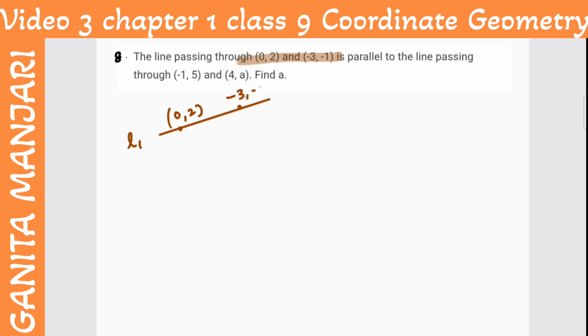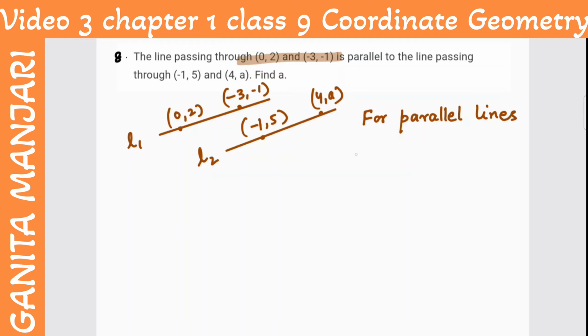Another line L2 passes through -1, 5 and 4, a. Now the 2 lines are parallel. For parallel lines, slope of line L1 is equal to slope of line L2.